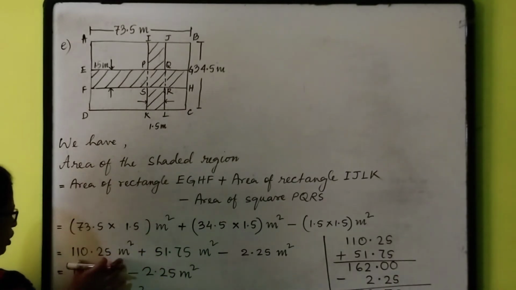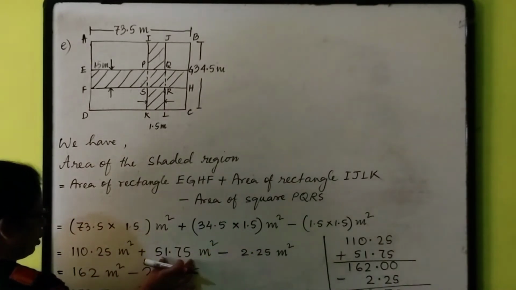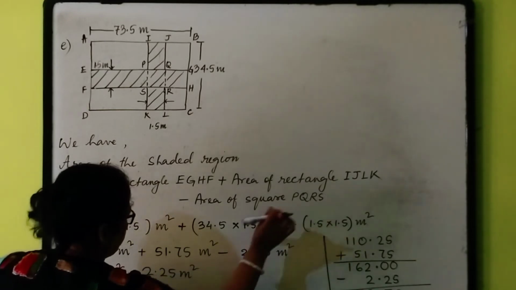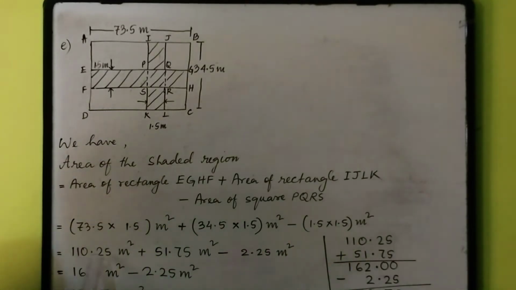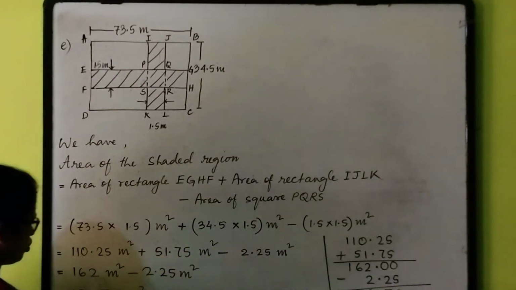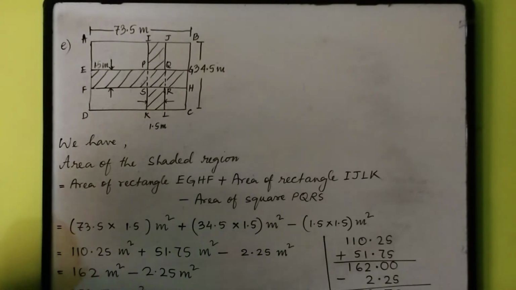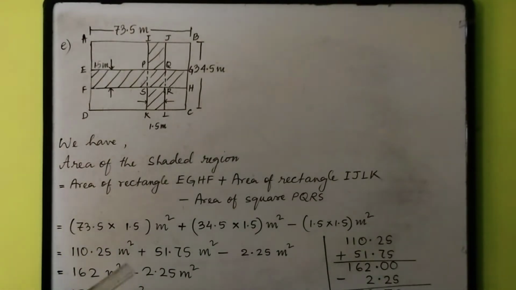We have multiplied this, we have got this. Minus, we have multiplied this, we have got this. Now this plus this is 162 square meter. Minus this, we have got the answer. Here we have subtracted and added. Clear? So this is all about your question number 1.